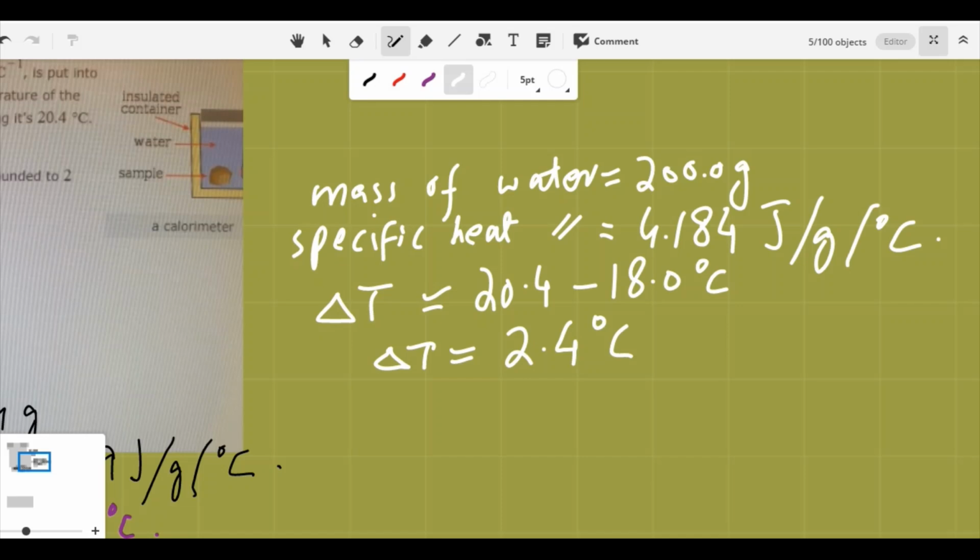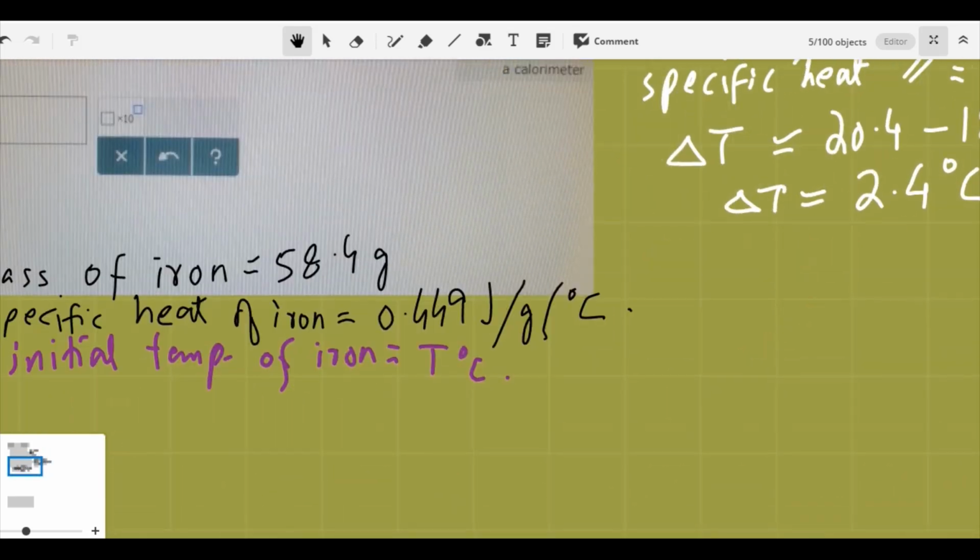Now the next one, what will be the change in temperature of iron?